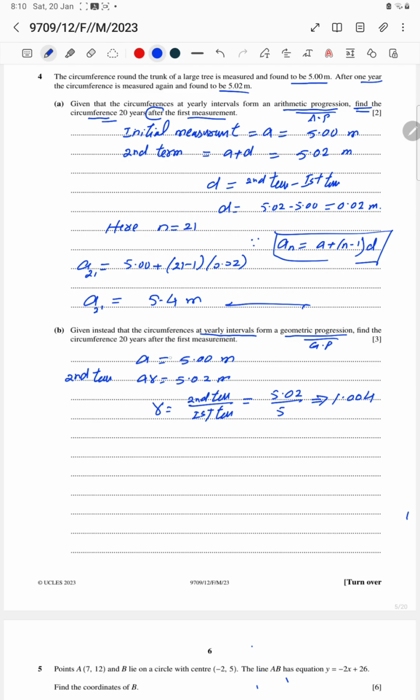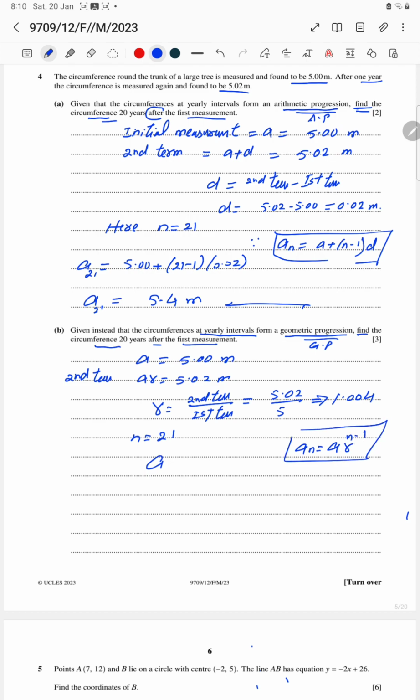Now the same case, we have to find the circumference 20 years after the first measurement. So n is again 21. In the MF19 formula sheet, we have these rules.